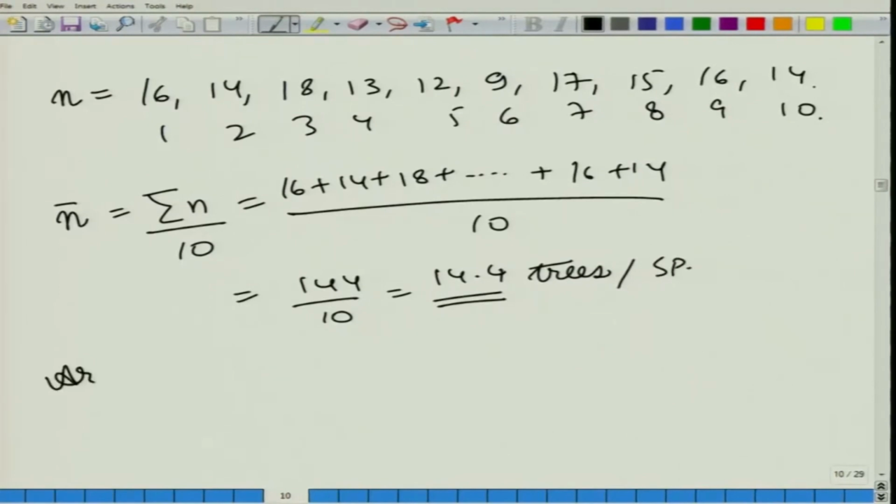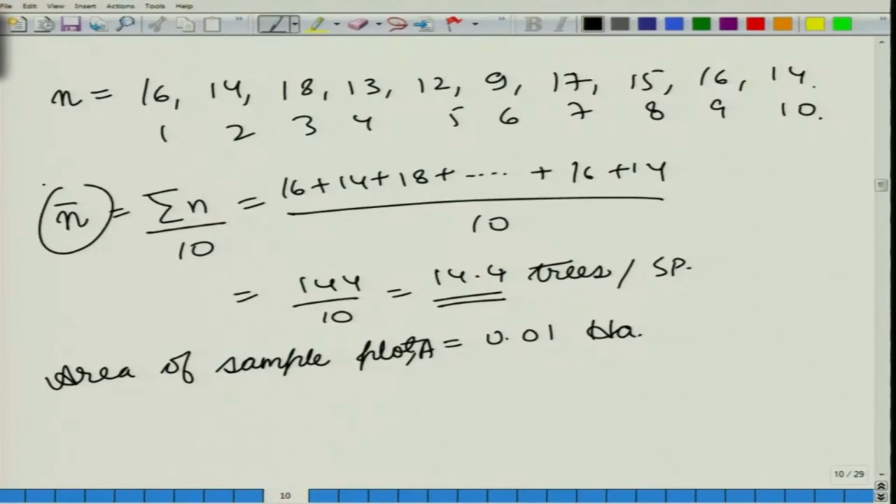Now, the area of the sample plot is given as 0.01 hectares. So, that is A, and here it is n bar. So, what is the number density? The number density, also known as the stand density, is the average number of trees or the average number of stems.